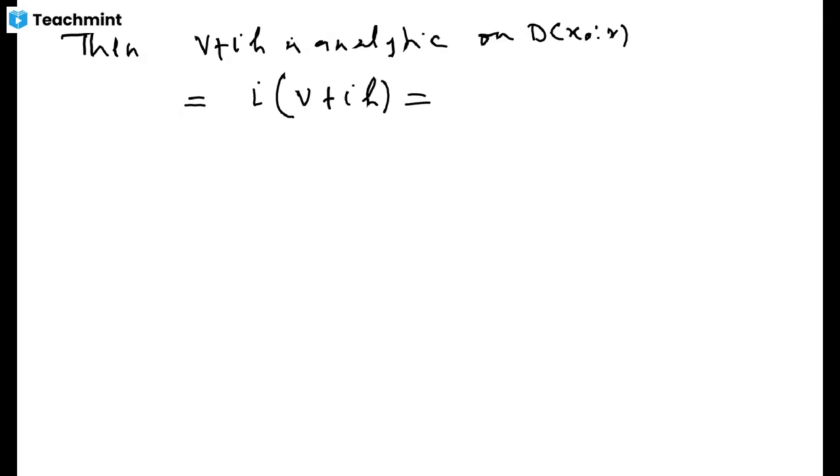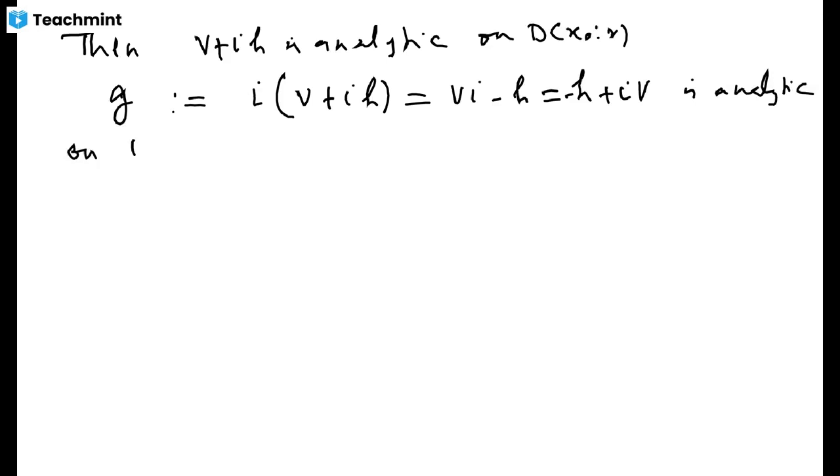Then this function becomes Vi minus H, or you may write it as minus H plus iV, and let this function be denoted by G. So this function is also analytic on this given disk.